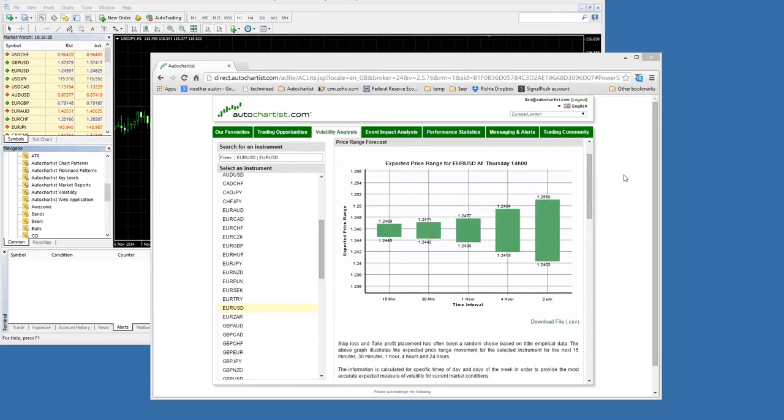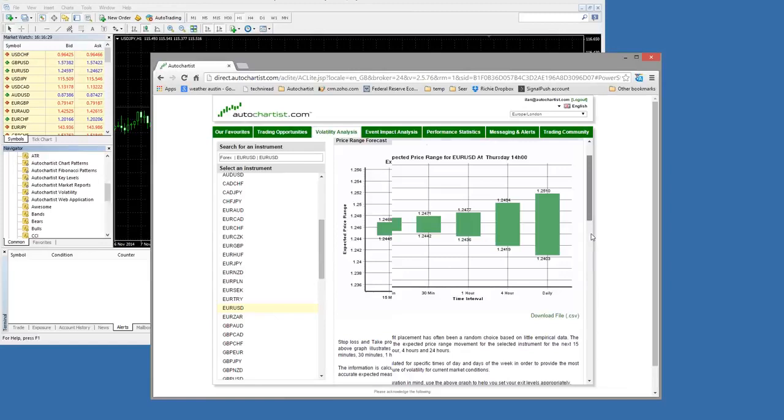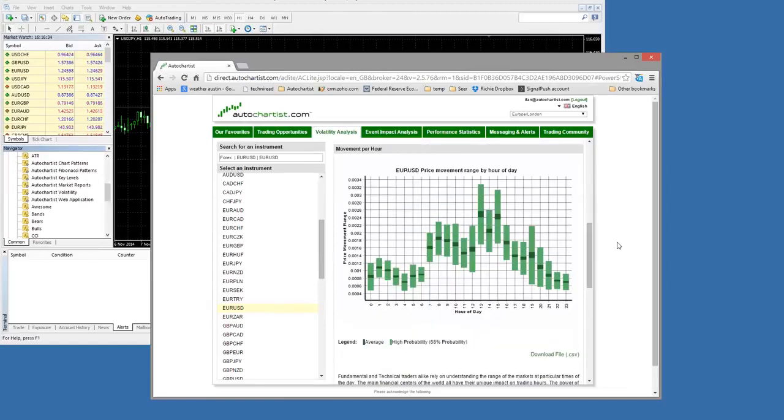Hi, Len. Yes, maybe you can just explain how the times are on the chart, the graph that you had before. How does Autochartist show the different hours? There's just a few questions about that. Sorry, Errol, maybe you can rephrase the question. What do you mean by how does Autochartist show each hour?